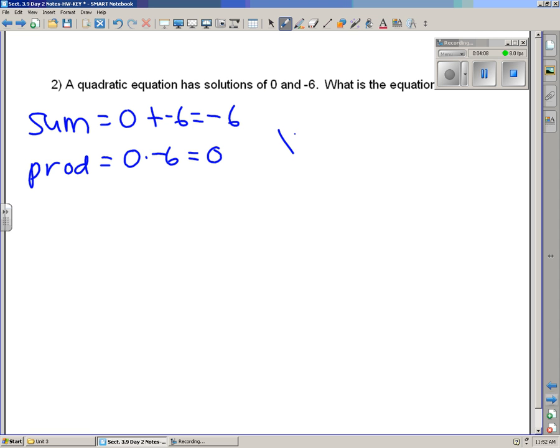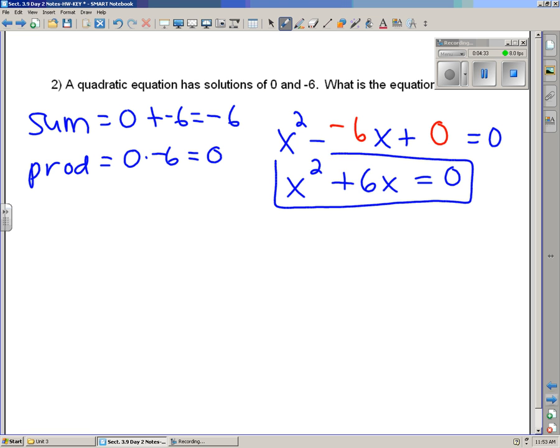Your equation is going to be x squared minus the sum times x plus the product equal to 0. Well, for the sum, you put in a negative 6, and for the product, you put in a 0. If you simplify this equation, you get x squared, double negatives mean plus 6x, plus 0 doesn't do you any good, equal to 0, and that finishes off your equation. Very simple.